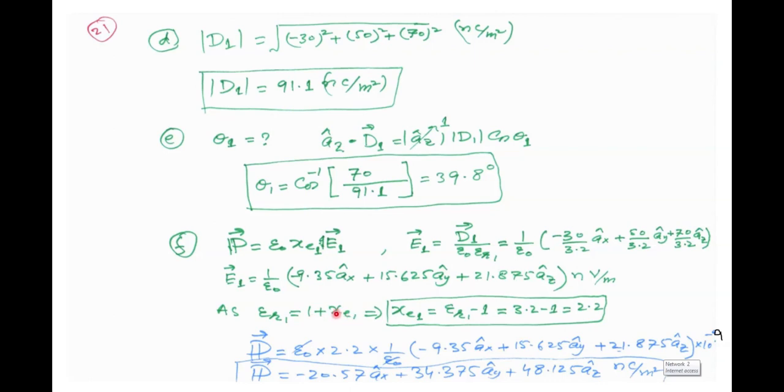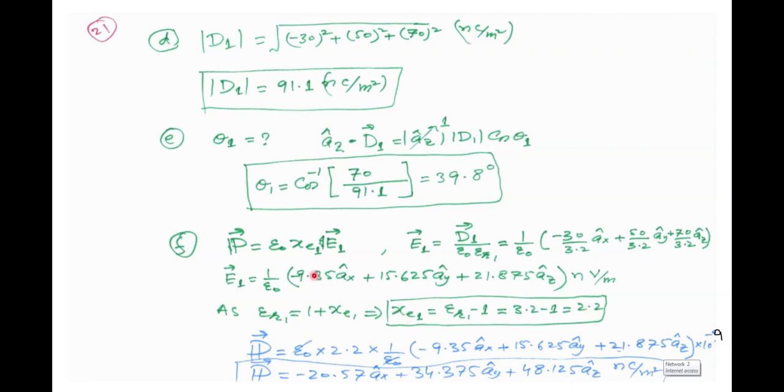So the susceptibility of material 1 becomes equal to epsilon r1 minus 1, which is 2.2. Remember that the susceptibility is a dimensionless quantity.